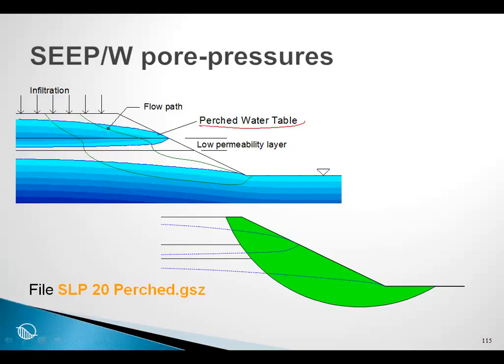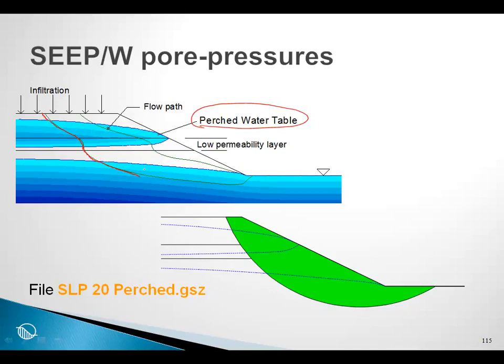So this is a perched water table here, and you notice a flow line. Infiltration is in an unsaturated zone, then it goes through a saturated zone, then it is in an unsaturated zone, and then it goes back in a saturated zone. In other words, the pore pressure is negative, then it's positive, then it's negative, then it is positive.